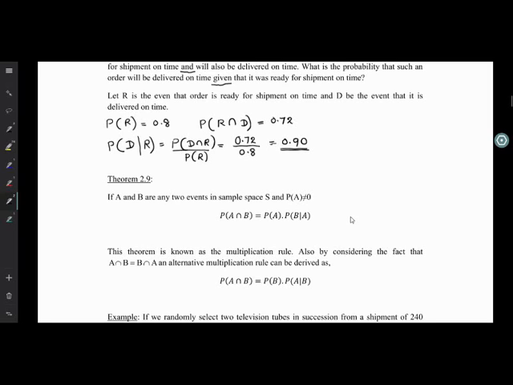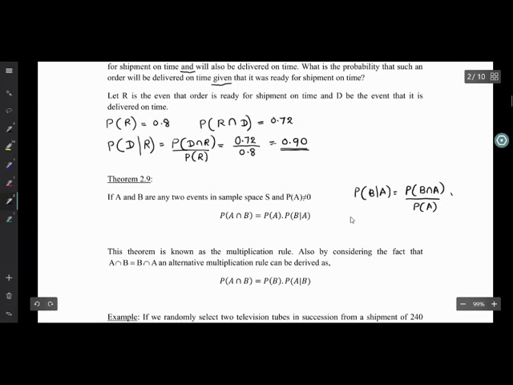Now we have the next theorem in this chapter, 2.9. If A and B are two events in sample space S and the probability of A is not equal to 0, you can find the probability of the intersection of A and B as P(A) times P(B given A). How do you get this equation? If we write the conditional probability of B given A, that is the intersection divided by the given one.